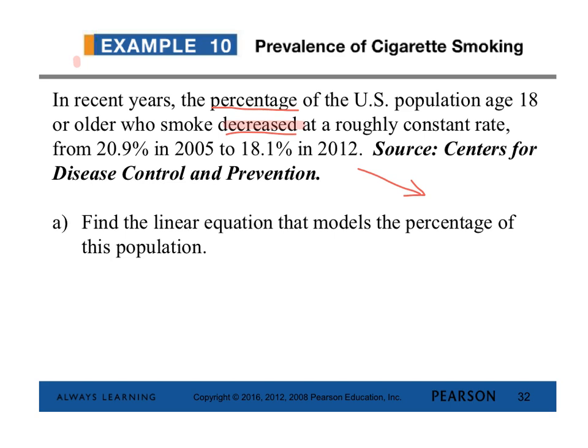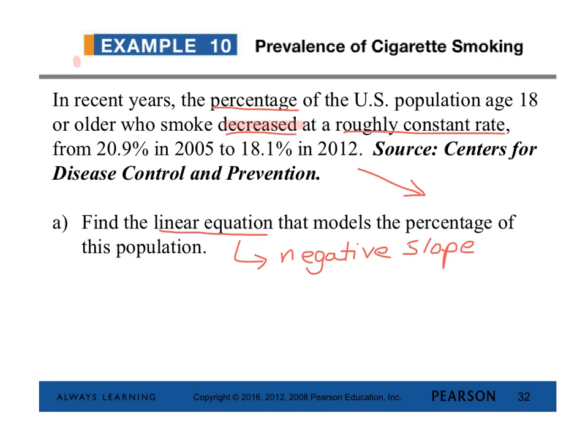Thinking about the fact that it goes down at a roughly constant rate makes me think about linear equations, and this linear equation will have a negative slope or slant because it is decreasing.